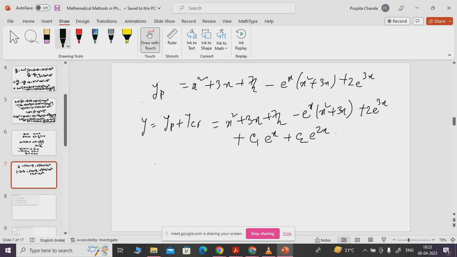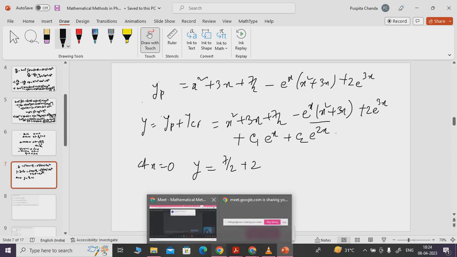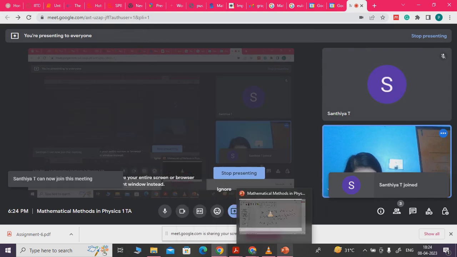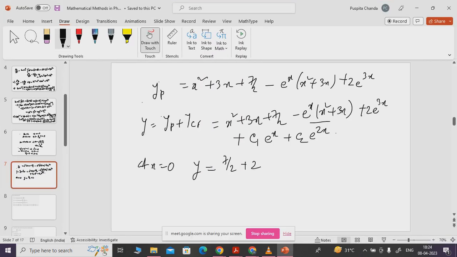So at x is equal to 0, y will be 7 by 2 minus 2, this term will be 0, plus c1 plus c2, and this is 15 by 2.